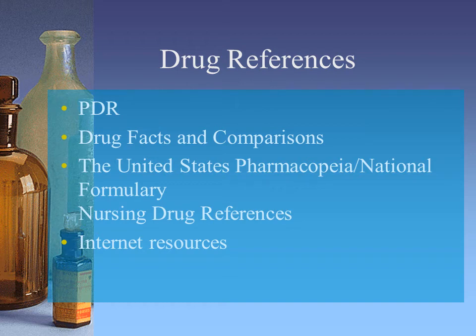The second one I have listed here is the Drug Facts in Comparison. This is a loose leaf index. As a result of it being loose leaf, pages can be put in and taken out frequently. When someone elects to use this as a reference, they actually subscribe to Drug Facts in Comparison, and as new updated information comes out, the new sheets are mailed to you and they get placed in the binder and old sheets can be removed.